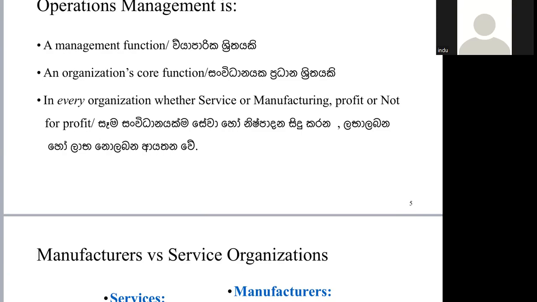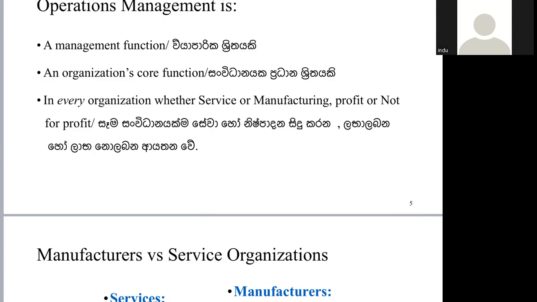Most of us have some idea of what finance and marketing are about, and now we have to know what operations management does.